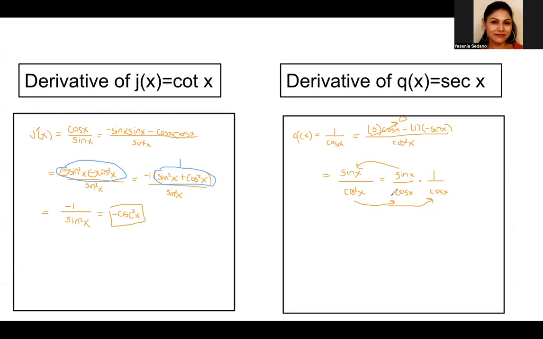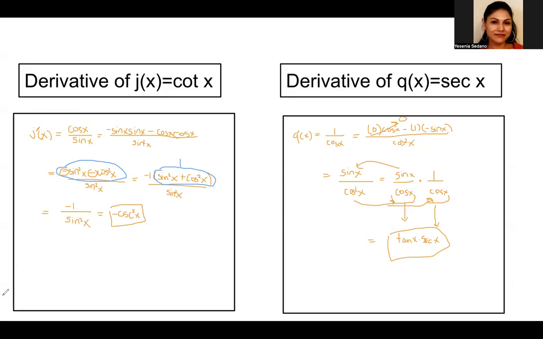Next is sine over cosine. We know that is tangent by definition. And then 1 over cosine, by definition, we know is secant. So this is tan of x times secant of x. And I believe that's how your resource has it written down. This is a secant. Again, this is on your resource. You could verify that. And there we go. So the derivative of secant of x, guys, is tangent times secant of x.